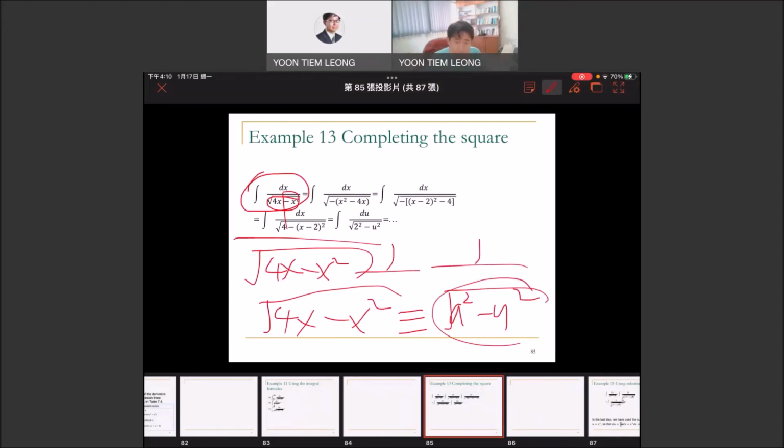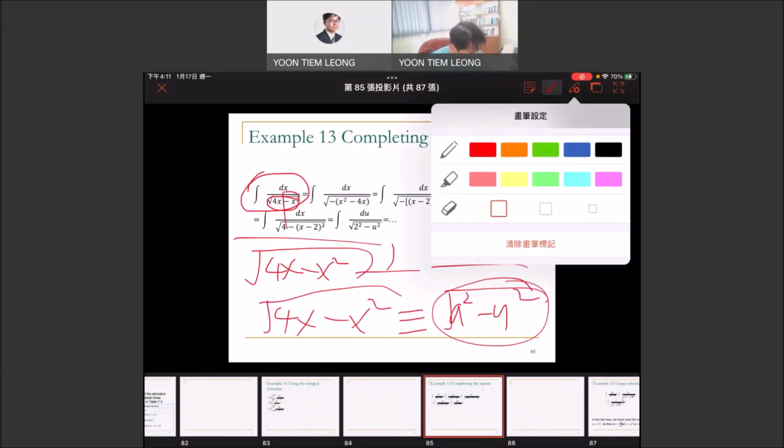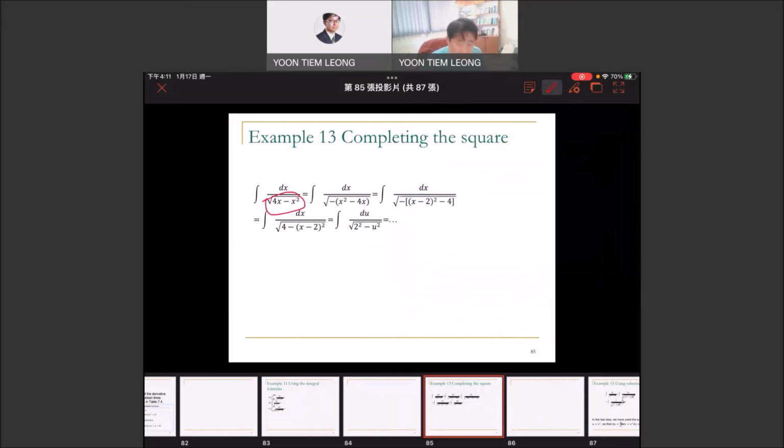Then you'll be able to use the integration formula for the arctangent. So for this particular example, what you need to do is just to convert the denominator of square root 4x minus x squared into the form that looks like a squared minus x squared in the denominator. Right? This is what you want.